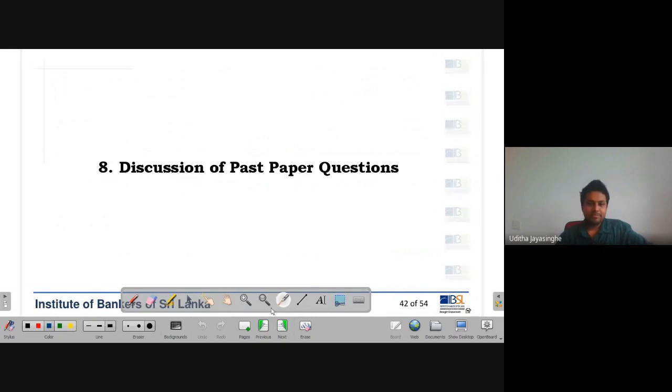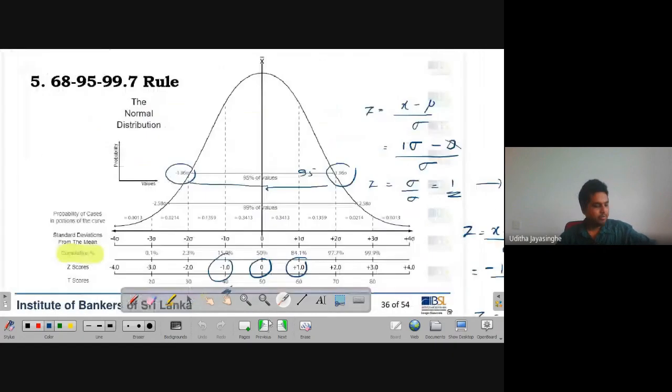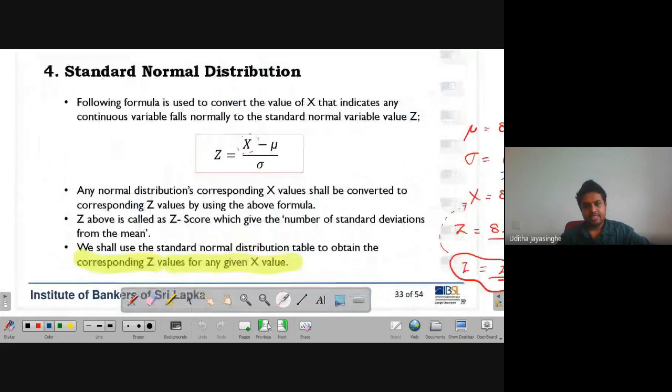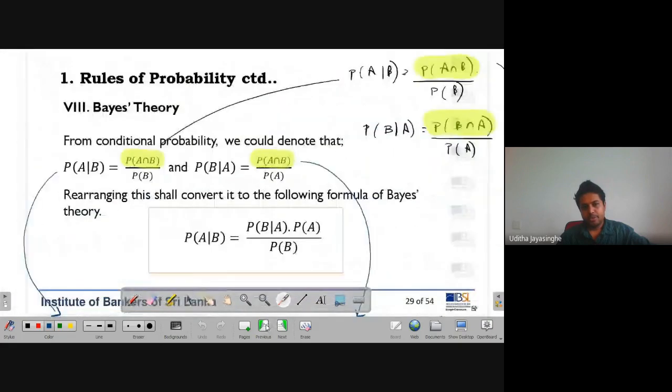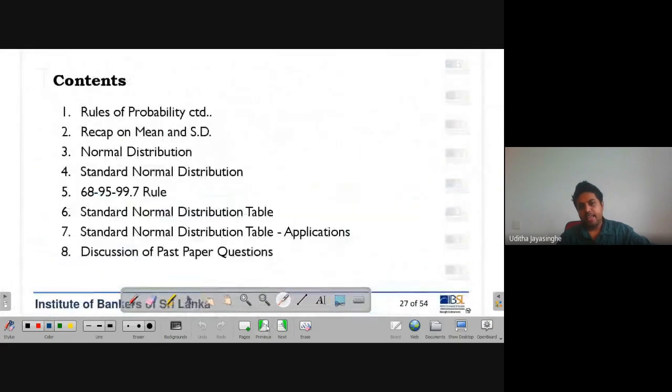That brings our lesson to the end. Quickly recapping before the exam questions. We learned a few probabilistic theories, and then we moved on to the normal distribution, and from there we moved to the standard normal distribution. That's an assumption saying that you are focusing on a perfect curve with a mean of 0 and a standard deviation of 1.